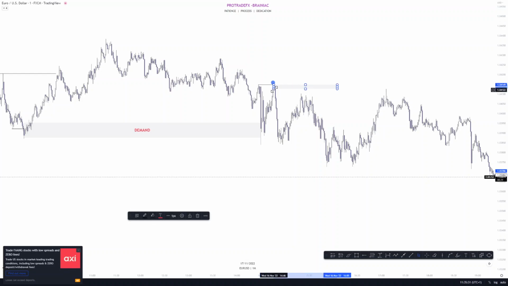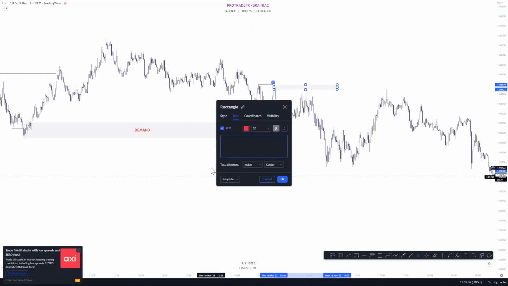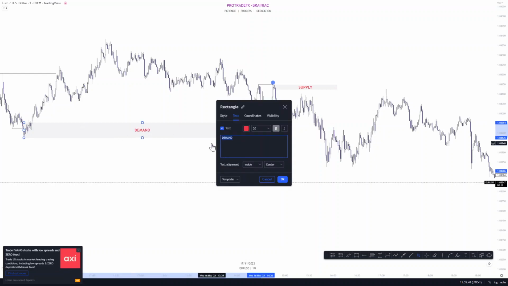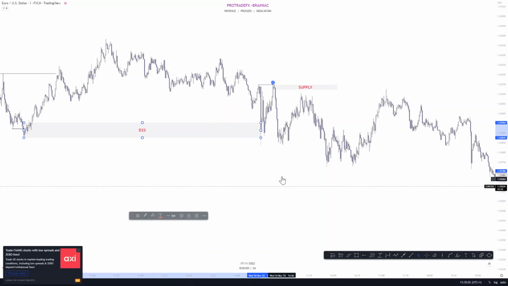So this becomes our supply on 1 minute. So what do we see after that supply was formed? Price traded lower and the demand failed. So these zones become potentially the demand to supply zones because demand has failed and supply is now in control.